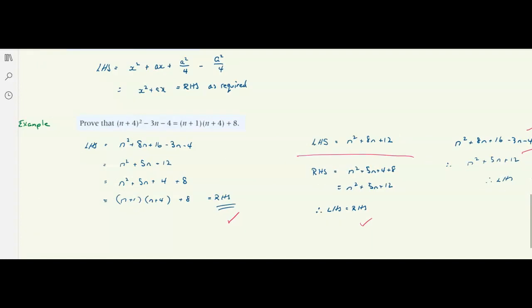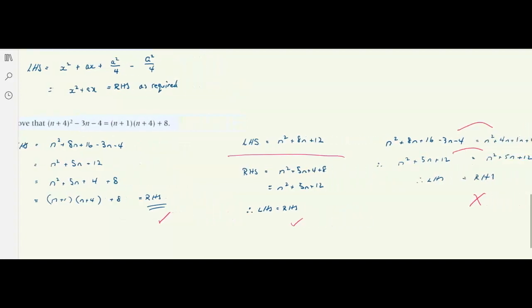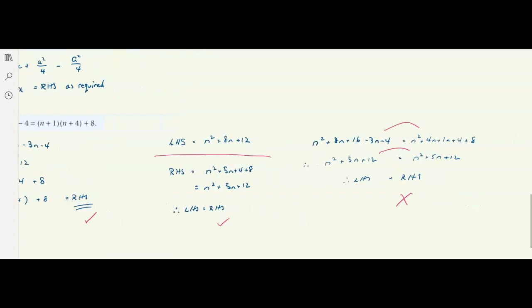My preferred method is to just fashion the left-hand side to look like the right-hand side. So the first method here would be my preference. If you would like to work with both sides, just make sure you are doing so on separate lines and in separate sections, not in this method here, where you are on the same line, and that is a big no-no.